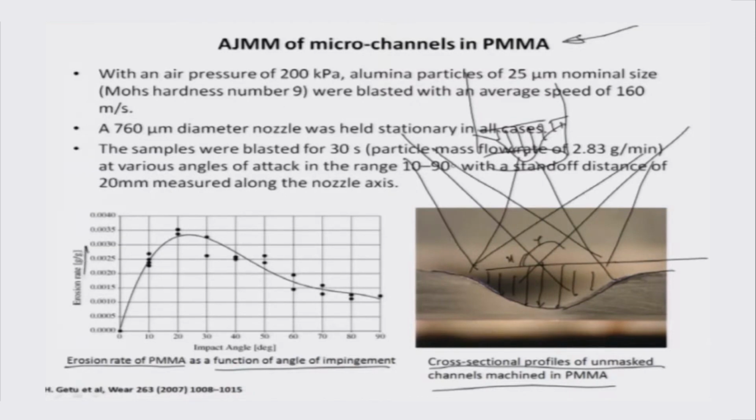There is a variation in the erosion rate, and the erosion rate here is mentioned in terms of gram per minute. This is a misprint, this is minute. If you look at that, there is a certain impact angle, in this particular case about 20 degrees or so, where the erosion rate is the highest.